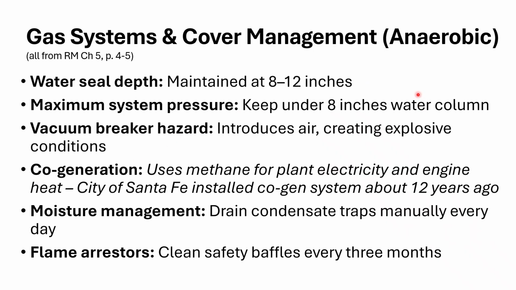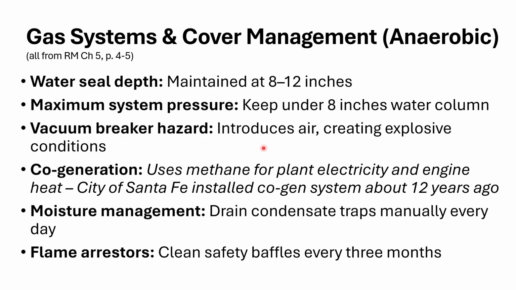So that water seal depth we looked at, we want that at about 8 to 12 inches, okay? That water column, the difference between the internal water column and the outer water column, we want to keep under 8 inches. That's the max operating pressure that should be allowed to build up for that floating cover, okay?